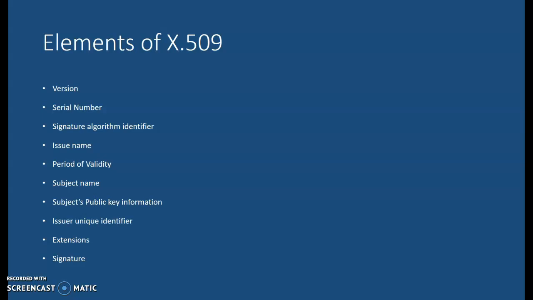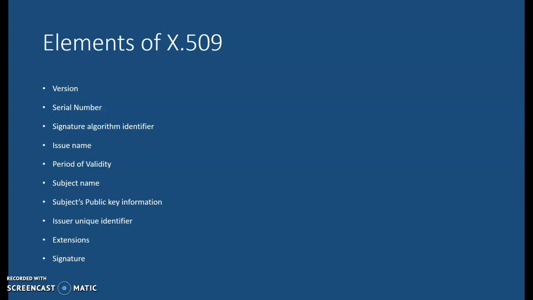Issuer name: the x.500 name of the certification authority that created and signed the certificate. Period of validity consists of two dates, the first and last date on which the certificate is valid. It gives the validity of the certificate.